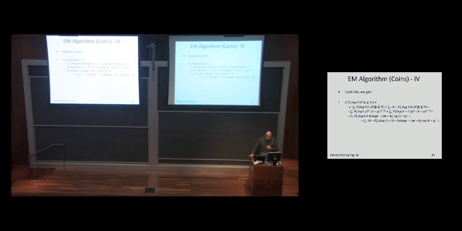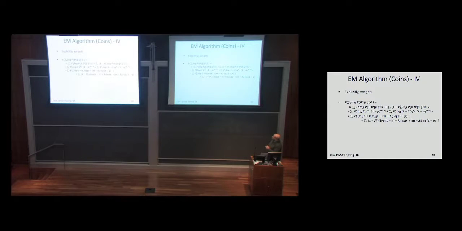And now I can write it down. We've written this down before. So it's P1i times log of alpha p to the h, 1 minus p to the m minus h. And in the second case, P1i should have been 1 minus P1i here, sorry: log of 1 minus alpha, q to the h, 1 minus q to the m minus h. That's it.